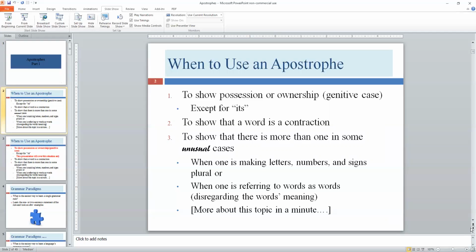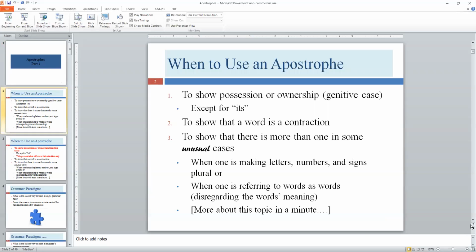My philosophy in this course is to give you a generally received view on grammar, not necessarily my quirky views. I have a few quirks, as you might imagine, or perhaps you already know, but I try to present the current understanding about what good grammar is. And so I'm not going to take a position on whether you ought to use apostrophes under these circumstances or not. But I will say this to you.